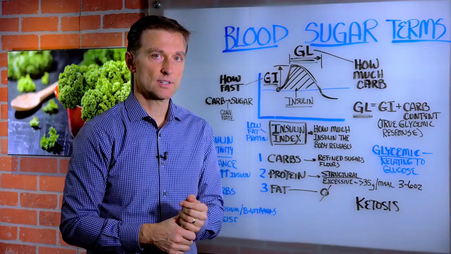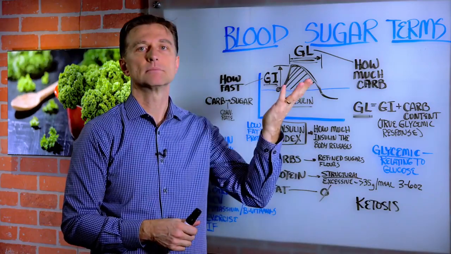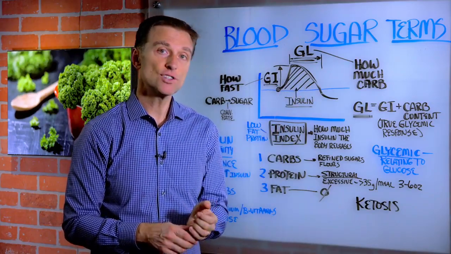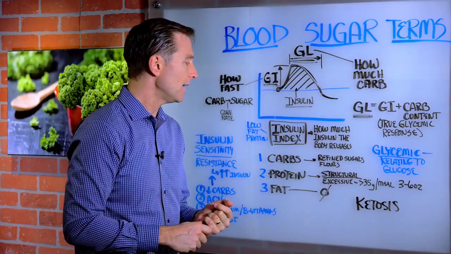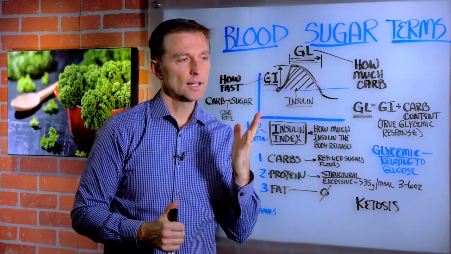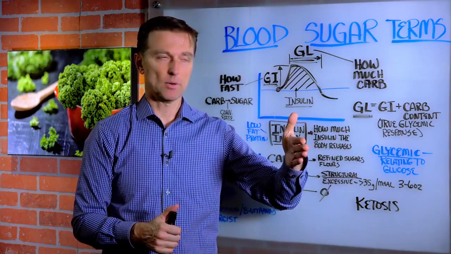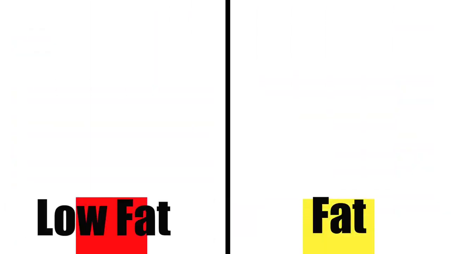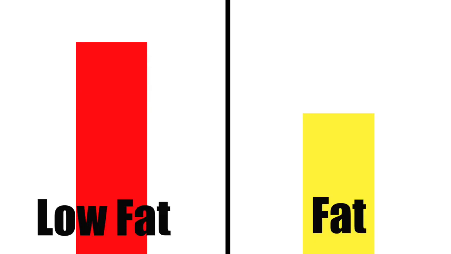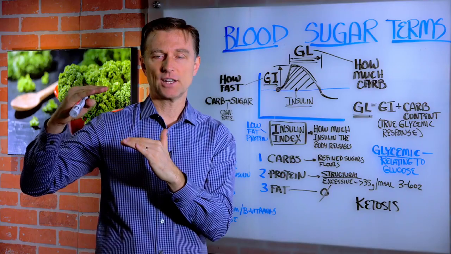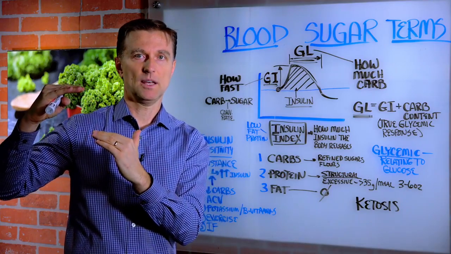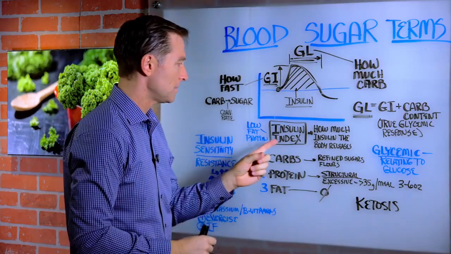So you have protein, for example, that can spike insulin. Now it's interesting, if you have low-fat protein, like some type of fat-free dairy, for example, that gives more insulin spike than if you had a fattier protein, like a fattier dairy, like brie cheese, for example. That would give a lower response, okay?